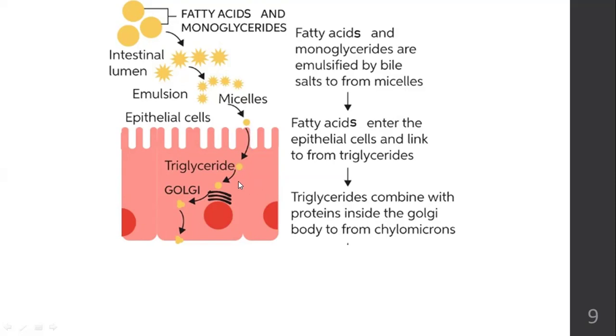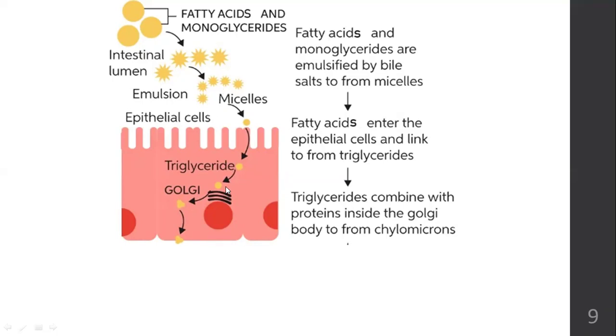Now, triglyceride will combine with proteins that are secreted by the Golgi apparatus. If you remember basic biology, does anyone remember the name Golgi apparatus? Mitochondria, I guess everyone knows. Nucleus, Golgi apparatus, lysosomes. If you remember these names from your biology subject, from the cell, right?